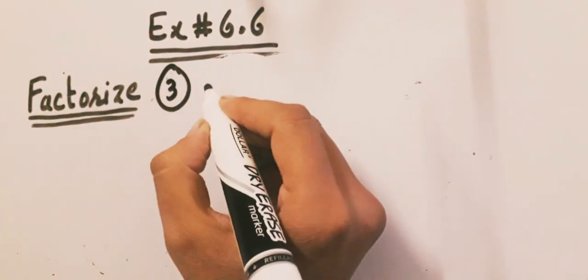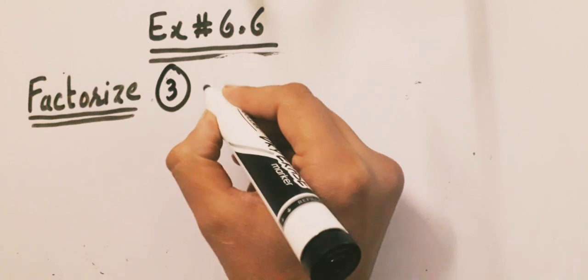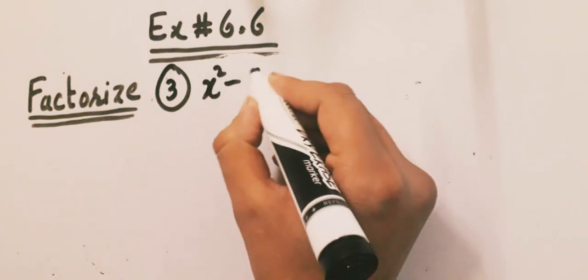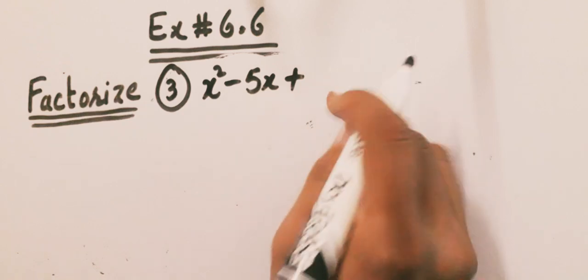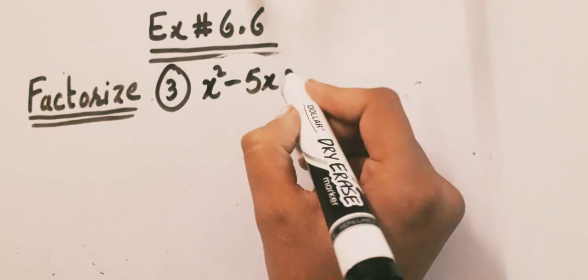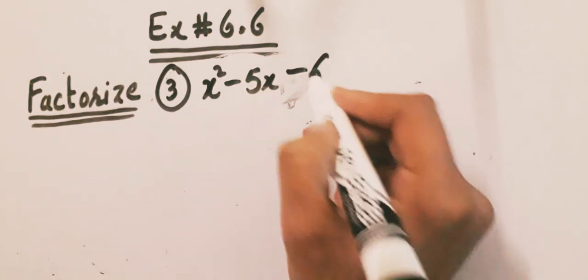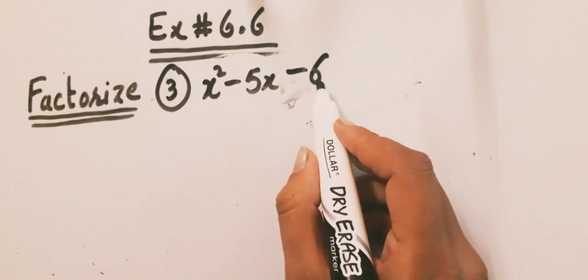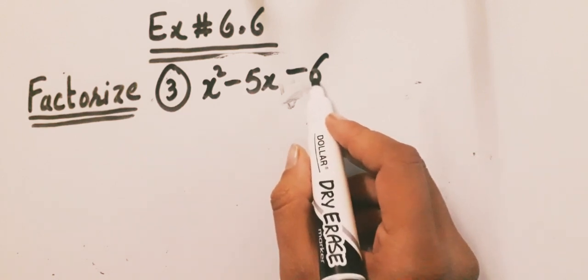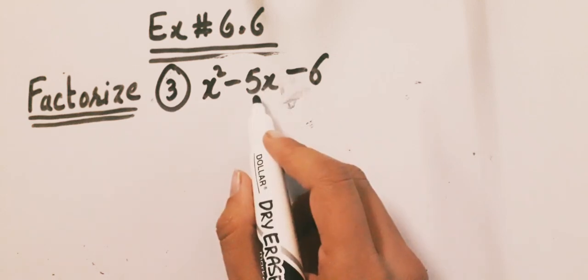Now we will solve part 3, that is x square minus 5x plus 6. Now you will make the factors of 6 such that when they are subtracted gives 5.